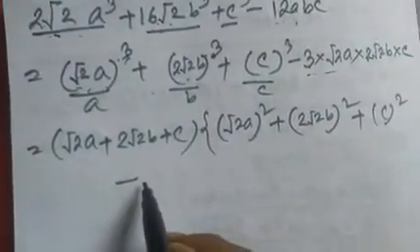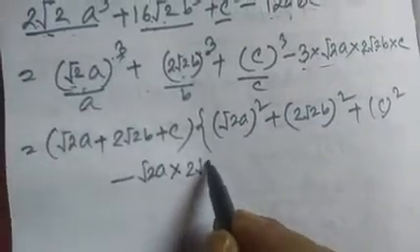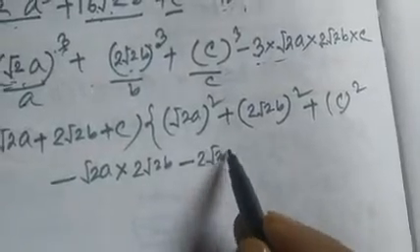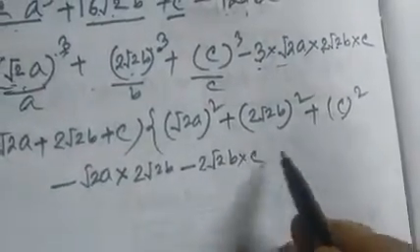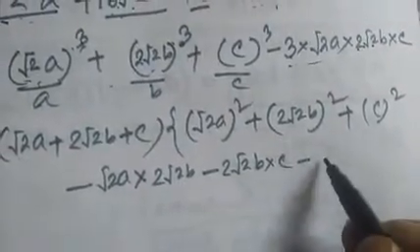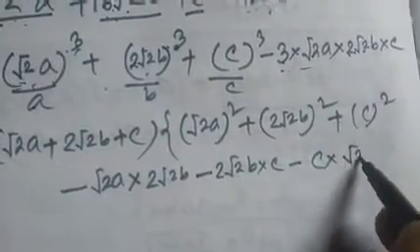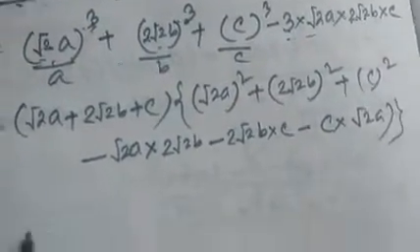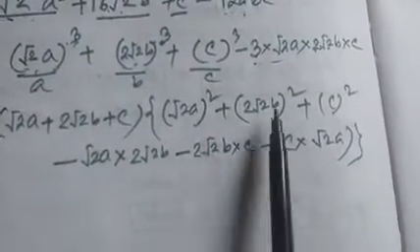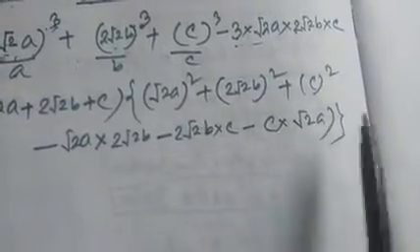Minus ab, ab means this is a and this is b, minus bc, minus ca. c means c, a means root 2 a. So we have applied the formula a plus b plus c into a square plus b square plus c square minus ab minus bc minus ca.